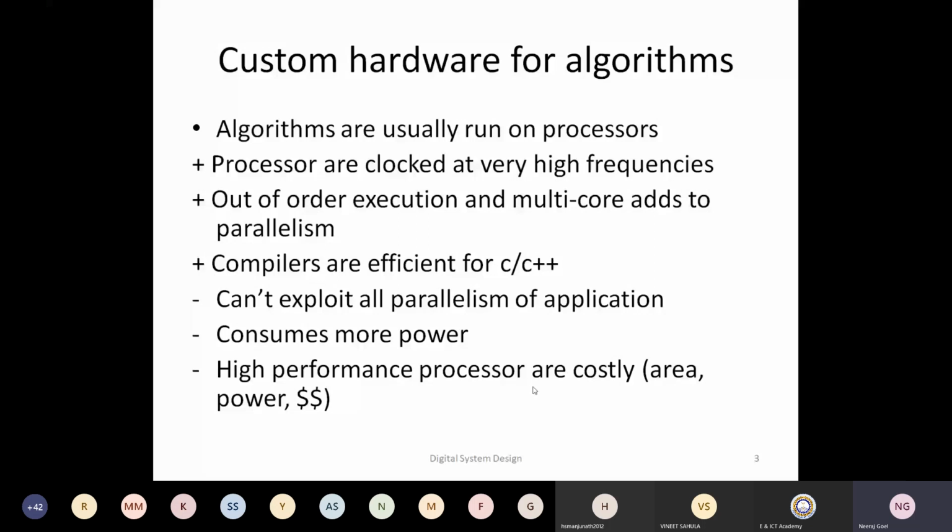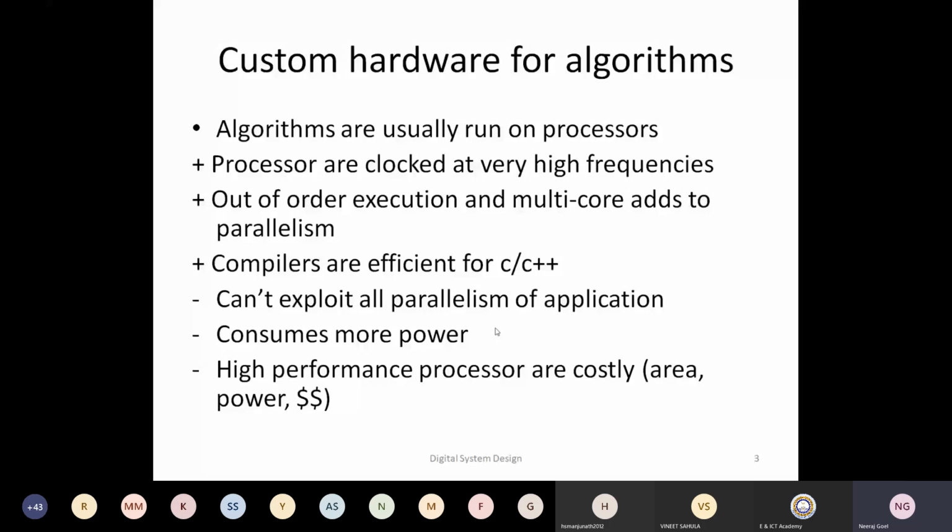This undesired functionality requires additional hardware, computation power as well as area, so this becomes a costly option. The other important thing is that although we have processors with out of order execution and all the high performance features, as we go for high performance, the processor becomes very power consuming.